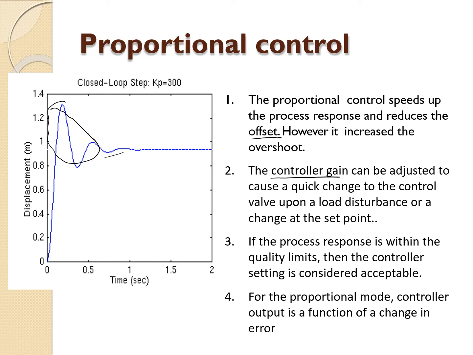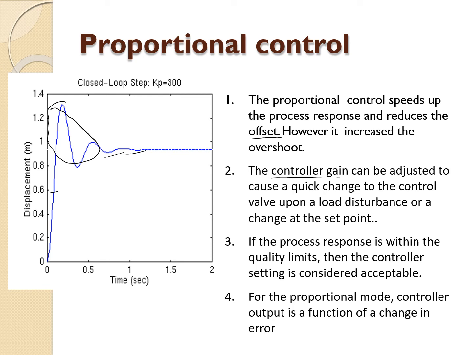That means if we can see that the overshoot of the response is within the limits, the settling time is within the limit, the rise time is within the limit, the offset is also within the limit, then the tuning that we did before, which is adjusting the controller gain, the tuning value, the control setting is considered acceptable.